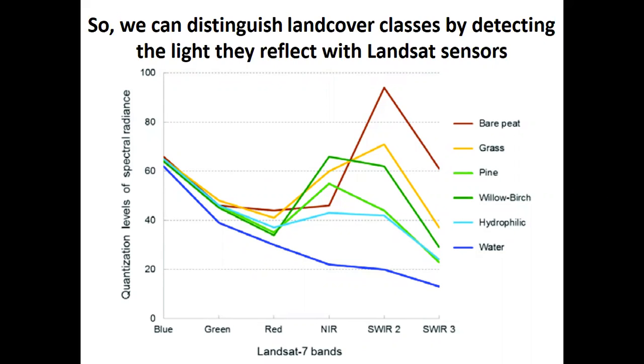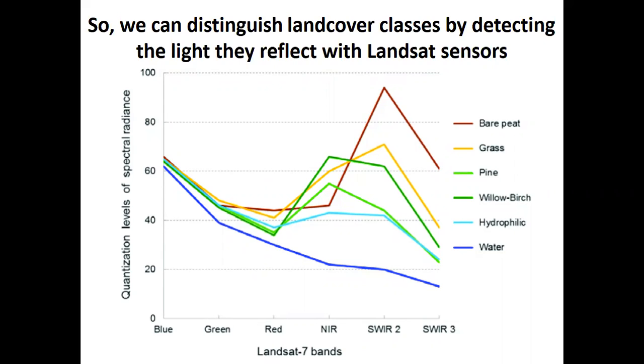Comparing the intensity of radiance detected by this sensor in different bands, you could find the difference between water, background, vegetation. You could even see the difference between tree vegetation and grass vegetation, between coniferous and deciduous trees. So you could learn quite a lot by studying this information from different spectral bands.